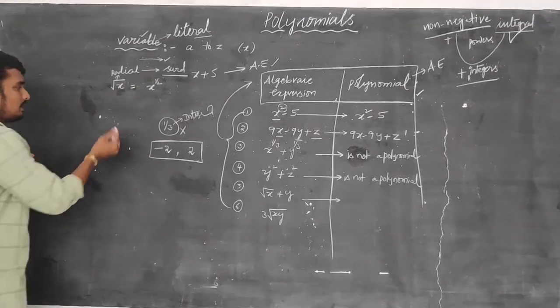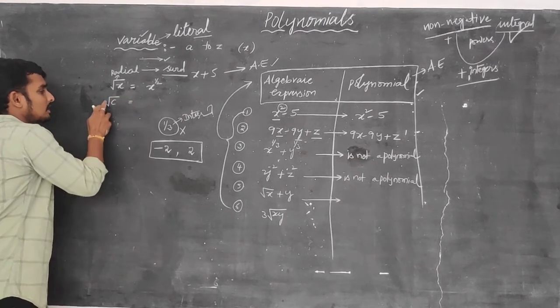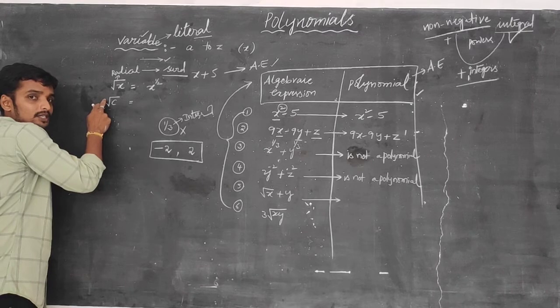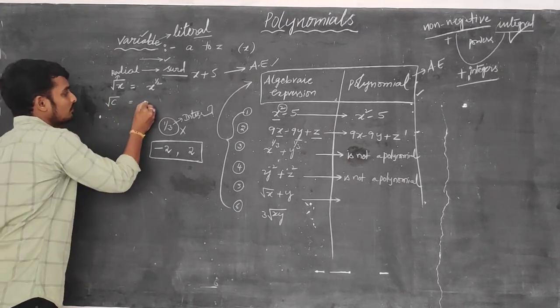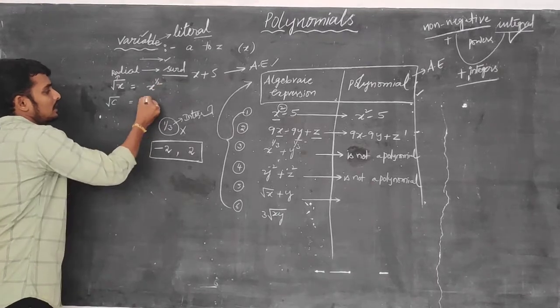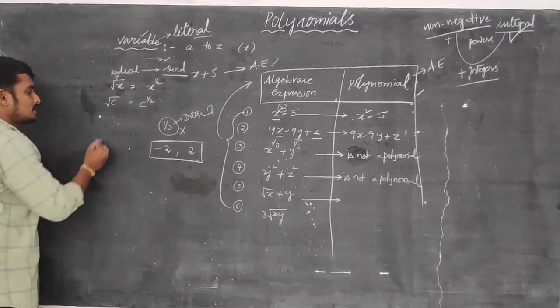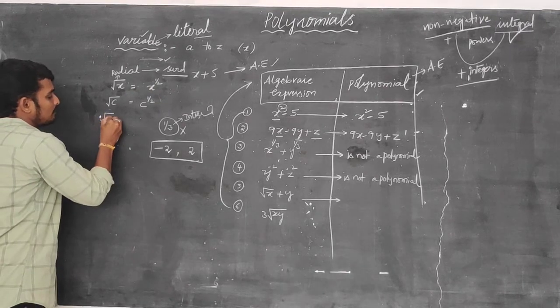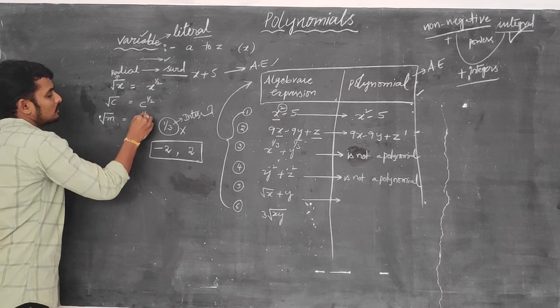The same way, I will tell you some examples, students. Root c. Here I am not writing any number, which means we have to keep in mind that 2 is here. 2 goes to the exponent. This is c power 1 by 2. The same way, root m becomes m power 1 by 2.